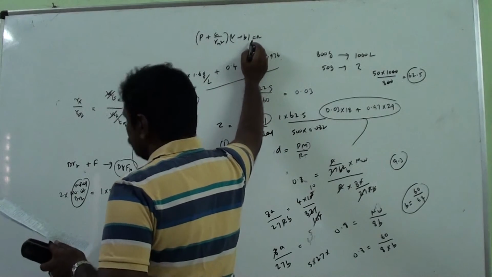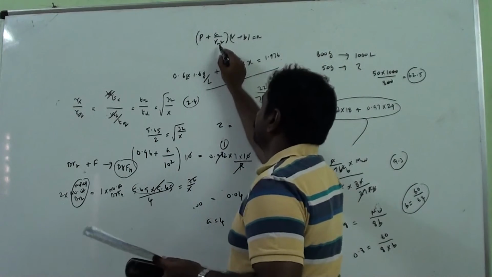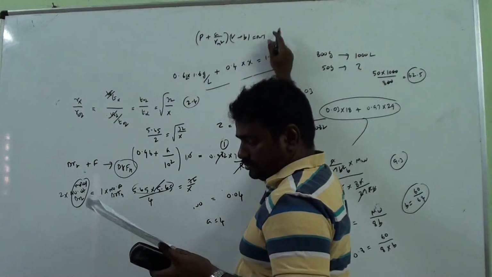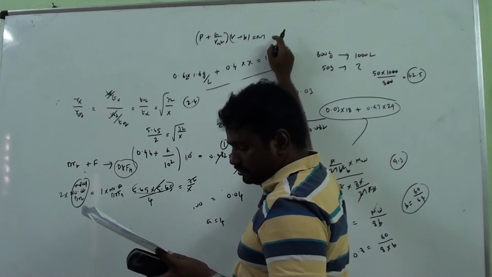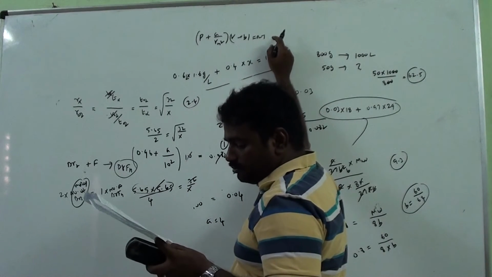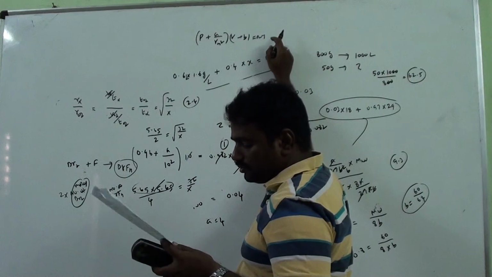What are they saying? Volume tends to 0. Then can nothing be neglected? Constant at low temperature, no. That is okay. Volume tends to 0. Pressure tends to 0, PVm/RT equal to 1 at high temperature.